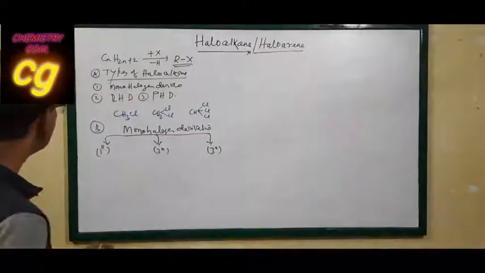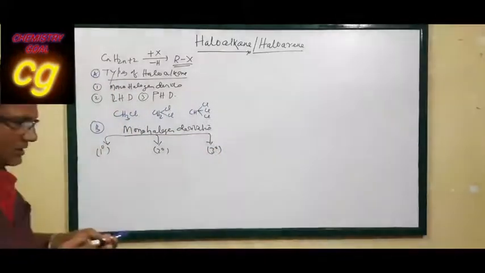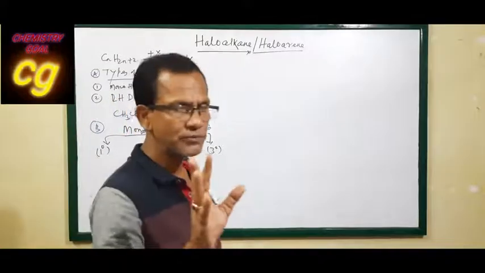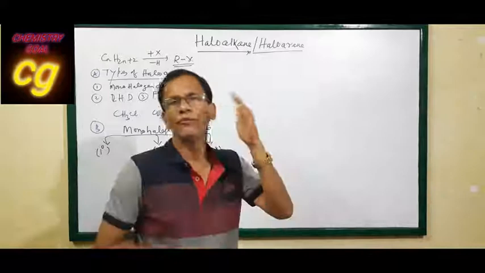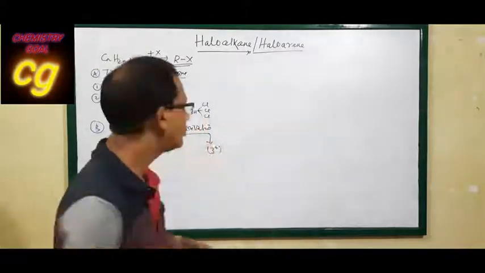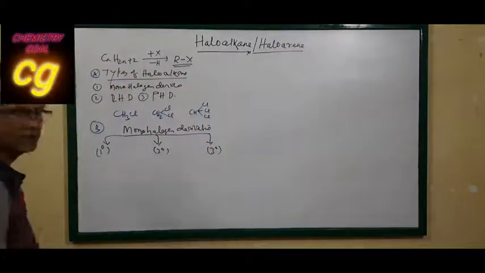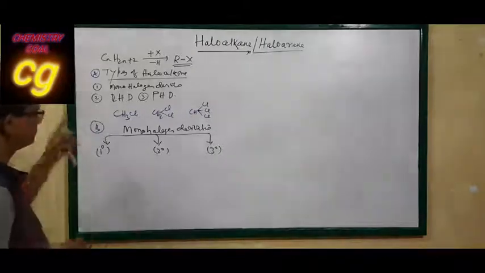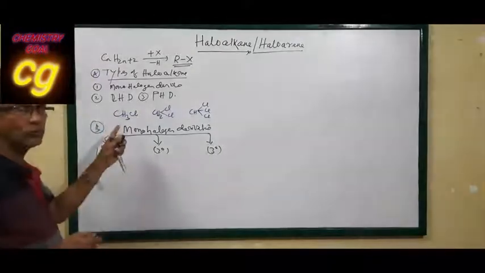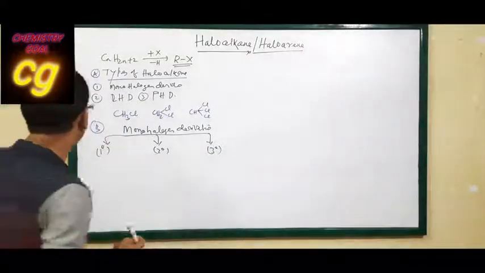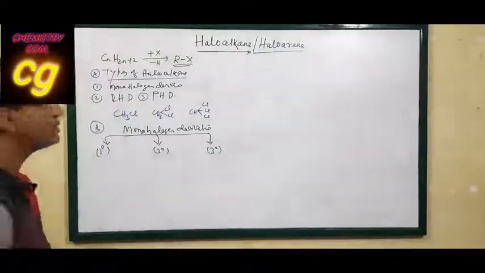What does it mean? You know that there are three types of carbon atom in organic compounds: primary carbon, secondary carbon, and tertiary carbon. When halogen is substituting, or when halogen joins to a primary carbon, that is called primary haloalkane.